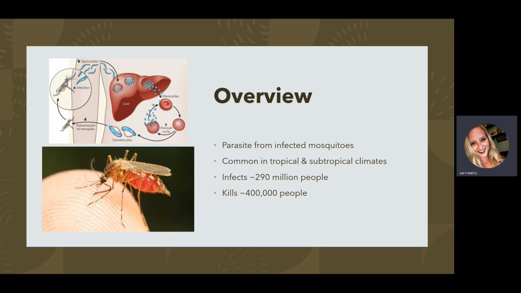And it is responsible for infecting approximately 290 million people a year and killing roughly 400,000. African regions were home to 95% of malaria cases, with 96% of the malaria deaths. Of those, children under the age of 5 accounted for approximately 80% of all malaria deaths in that area.